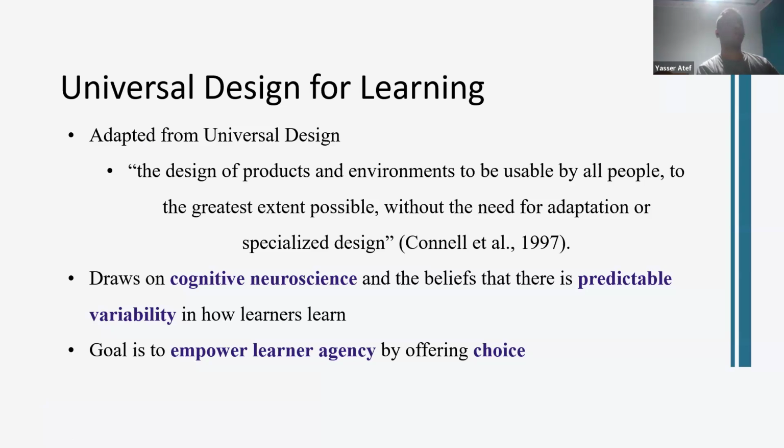So we just thought that after talking about the accommodation, we would talk about the universal design, which is actually one of the solutions that we've included under the social model. And the universal design for learning is actually adapted from the concepts of universal design in the field of architecture.